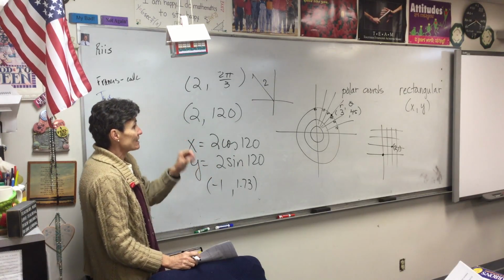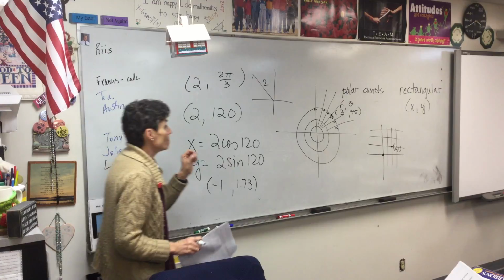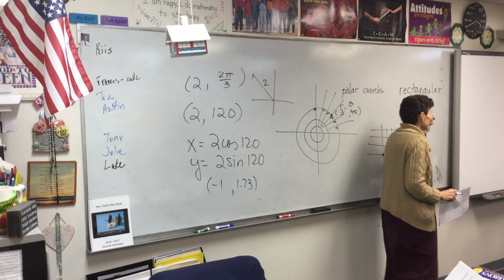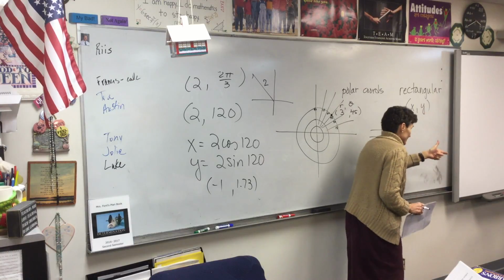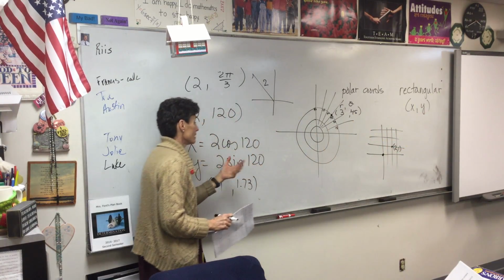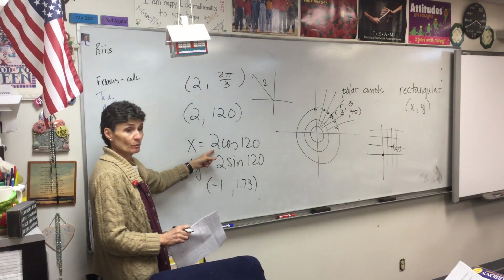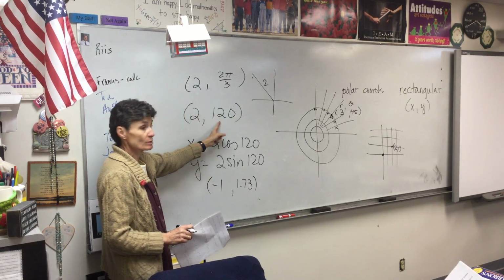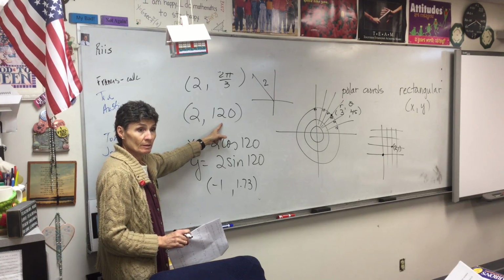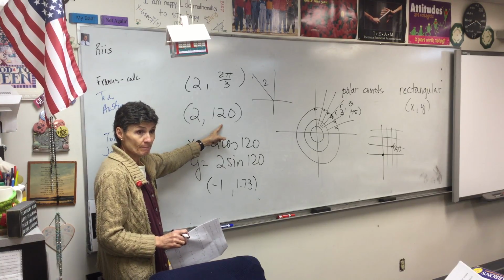Finding rectangular coordinates means finding x and y, which is exactly what we did in the airplane problem. Components. To find x and y, we do 2 cosine 120, 2 sine 120. Every time. Okay?